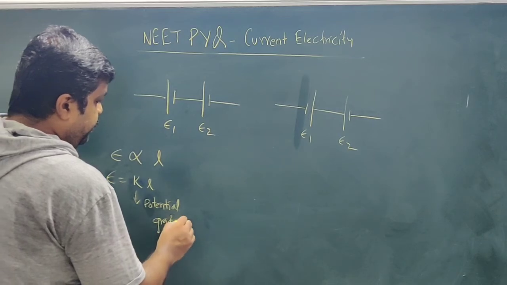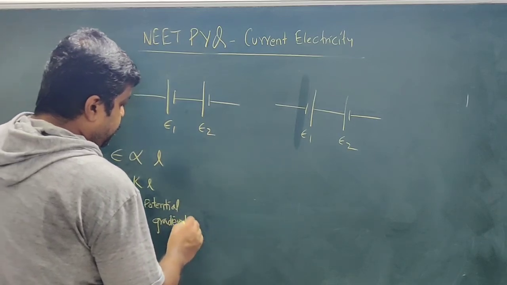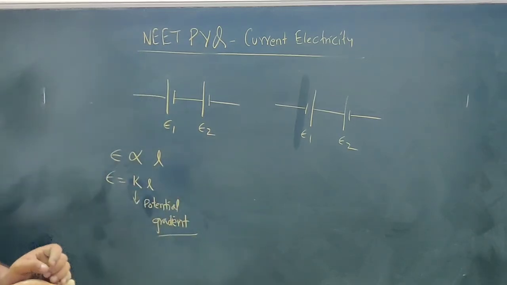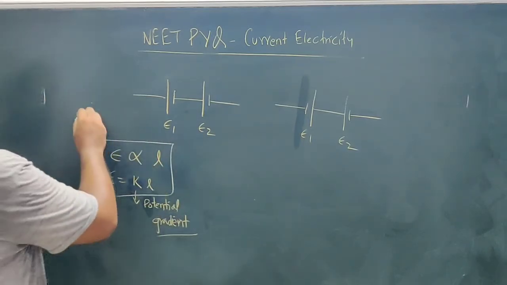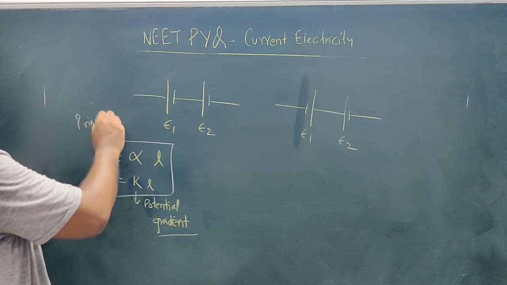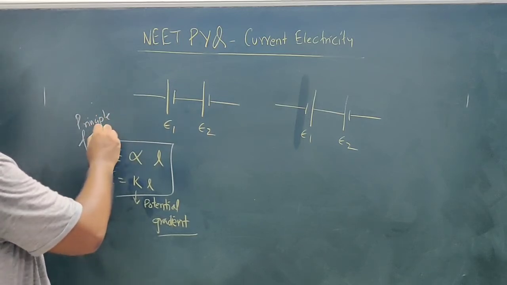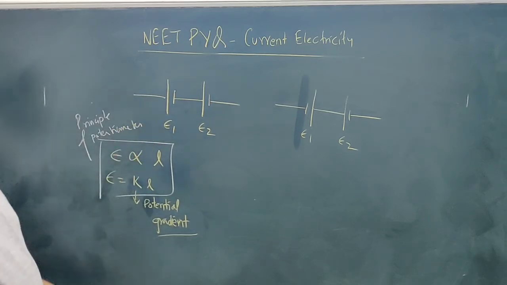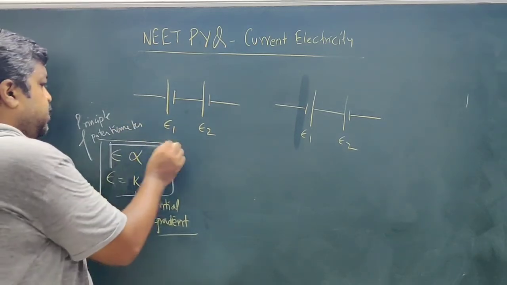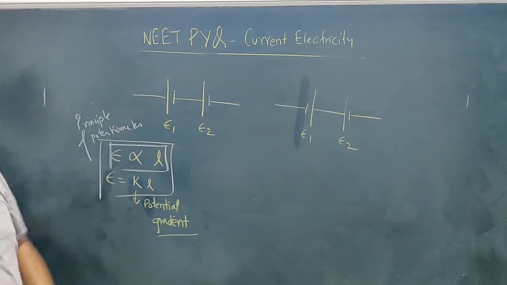We are not going to use anything about potential gradient, but you should know this. This is the principle of potentiometer. Just the knowledge of this concept is going to help you to solve this question.